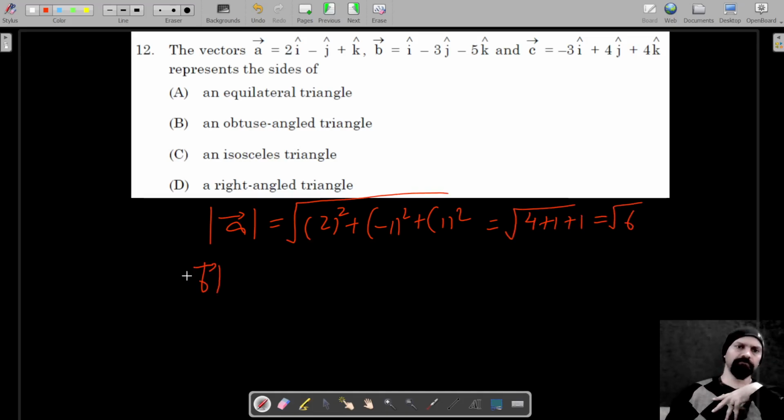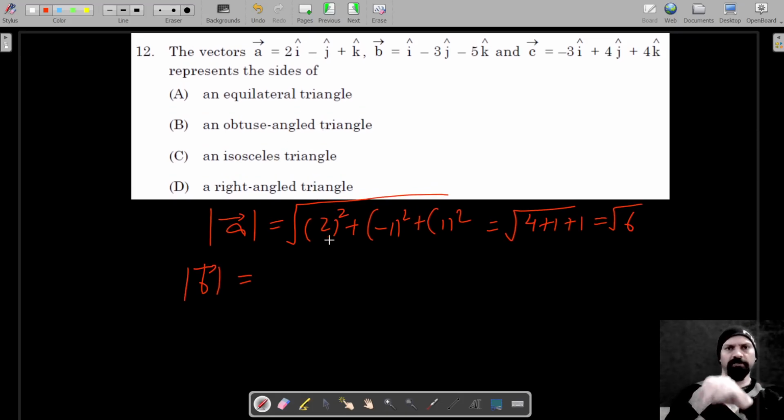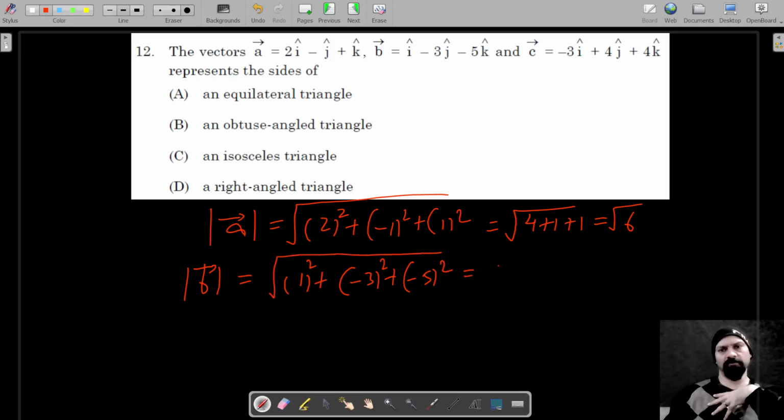Now, finding the magnitude of B, which represents one of the sides of the given triangle. So this is 1 square plus negative 3 square plus negative 5 square, which is equal to 1 plus 9 plus 25, which is equal to under root 35.